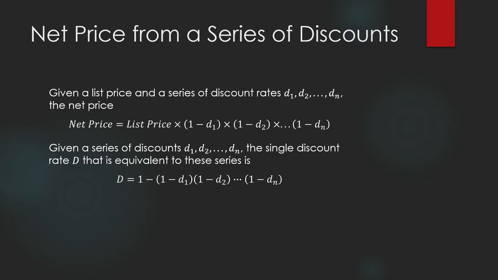So the single discount rate D that is equivalent to this is equal to 1 minus D sub 1 times 1 minus D sub 2, so on and so forth. So you can look at each of these as your net price factor.